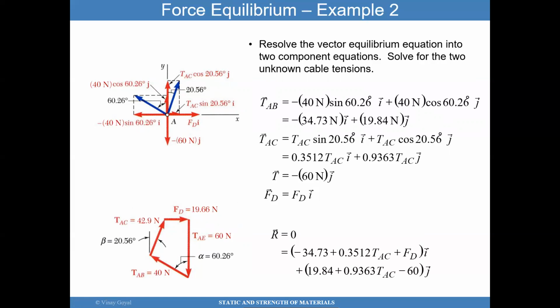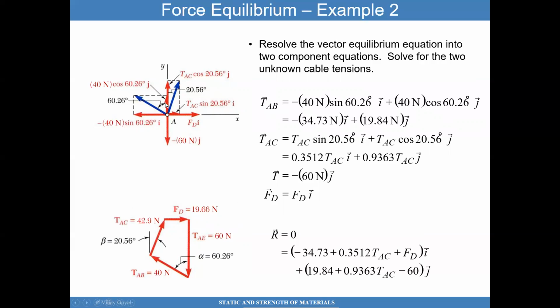And once I do that, I can then put it in vector notation. So TAB, as an example, is 40 newtons. This 40 newtons right here can be decomposed into the x-axis.